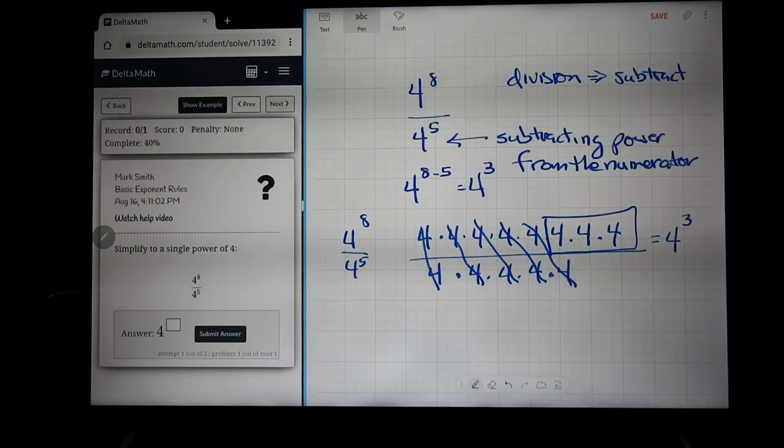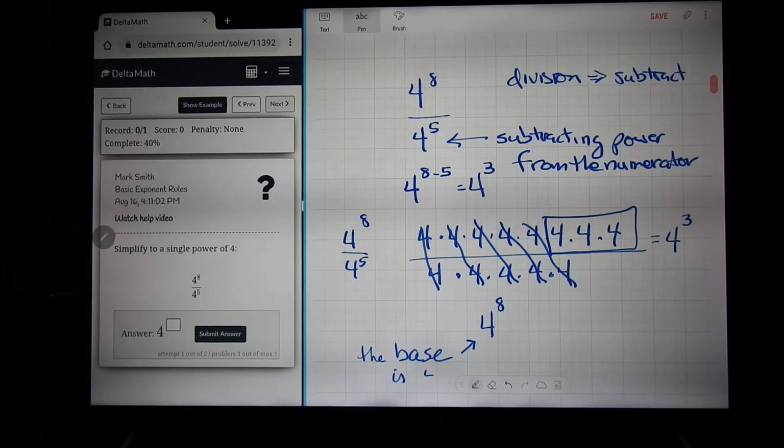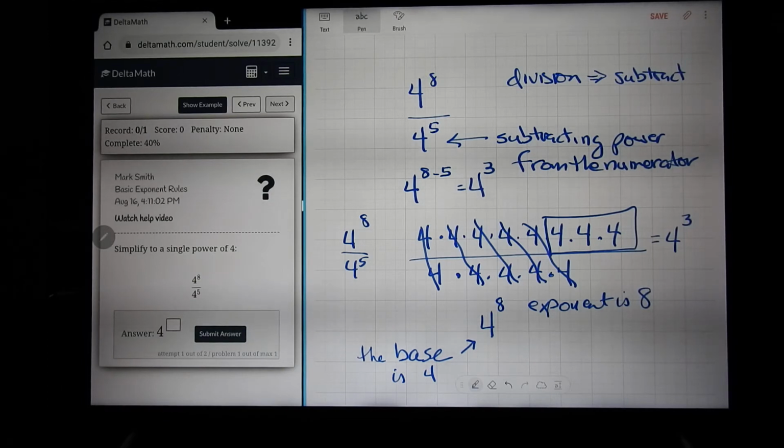I want to point out something really quickly here. When you have 4 to the 8th, this 4 is called the base, and the exponent is 8. For us to do this division or subtraction or multiplication, we have to have the same base.